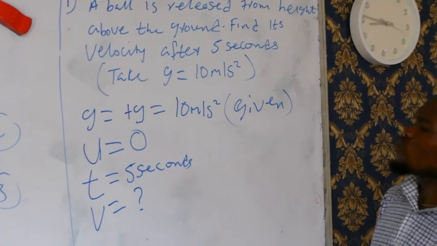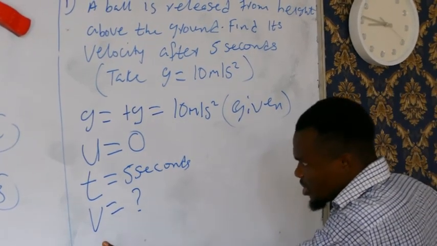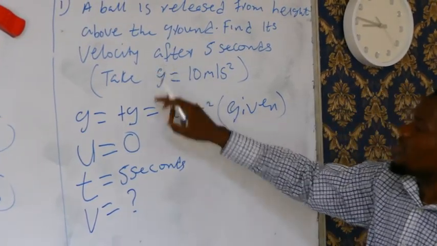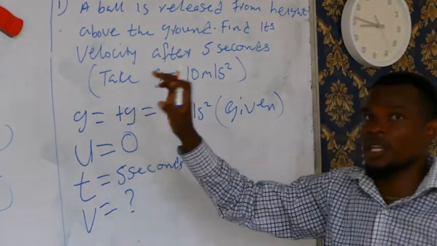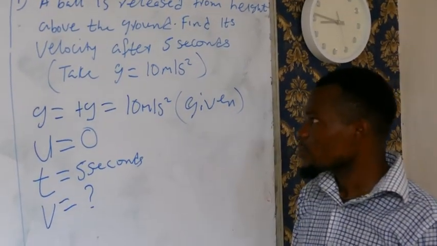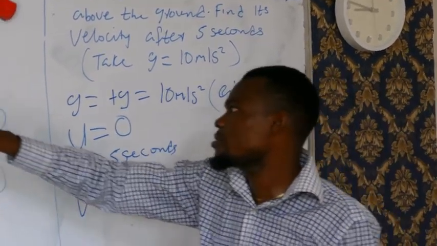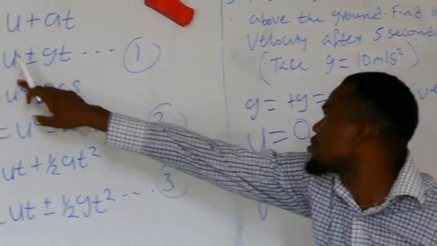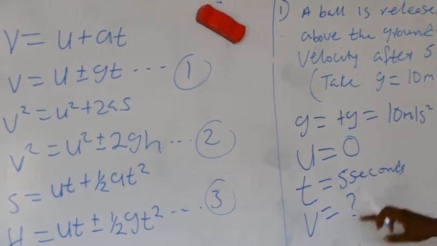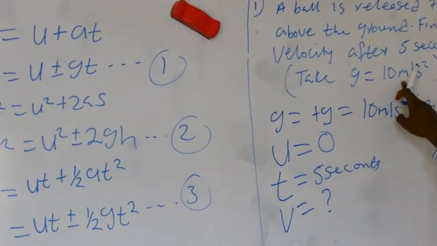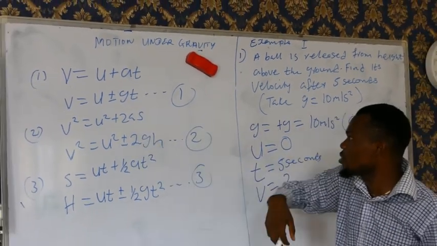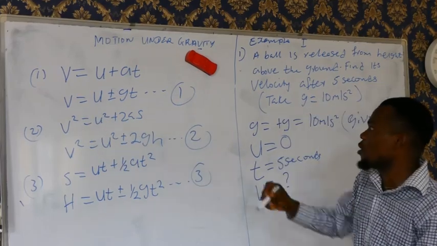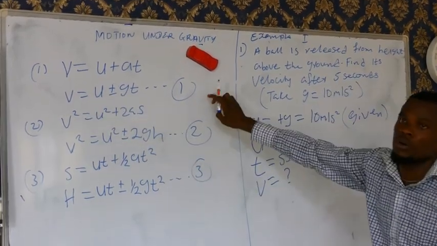So which of the equations has v and also has the parameters at your disposal? If we look at equation 1, we already have u to be 0. We have g that is given to be 10 meters per second squared. I also have t. The only unknown here is v. Therefore, equation 1 can go.